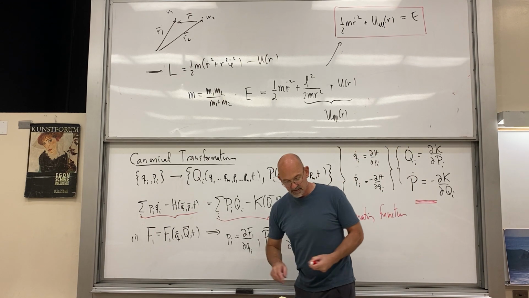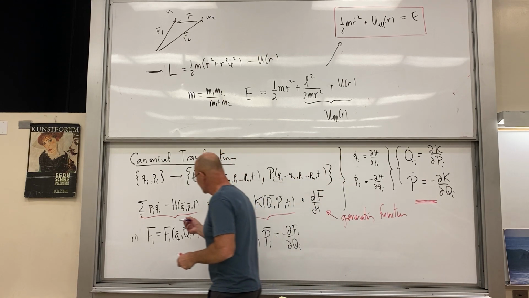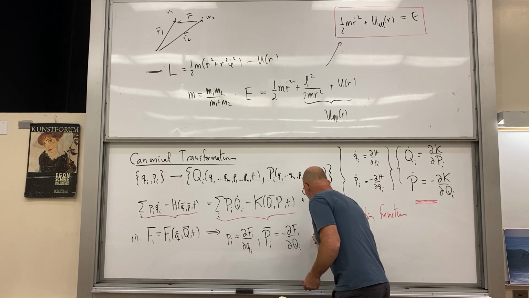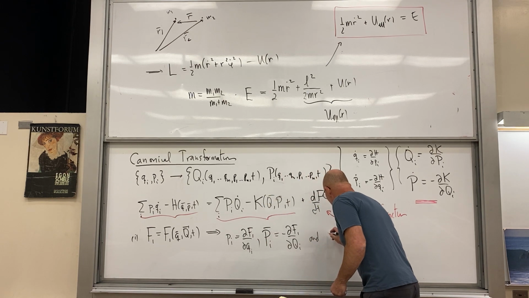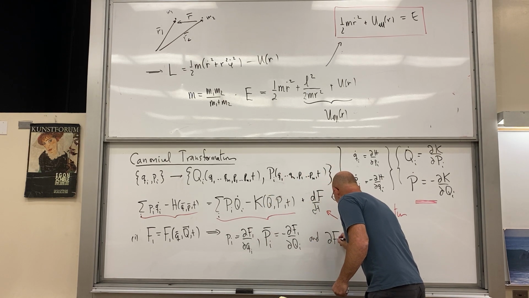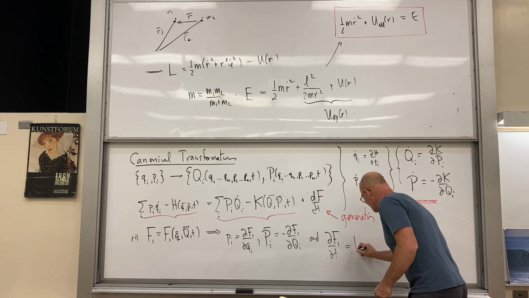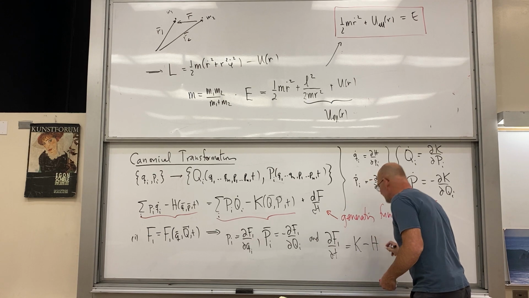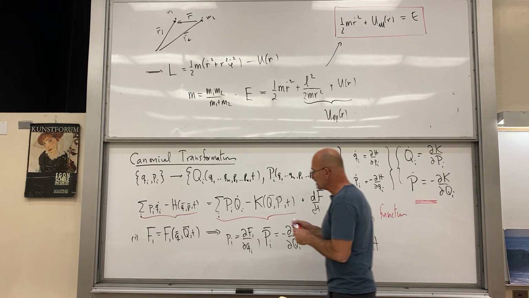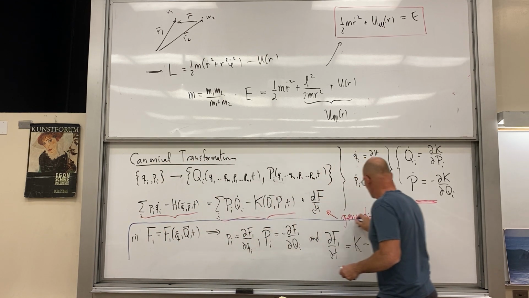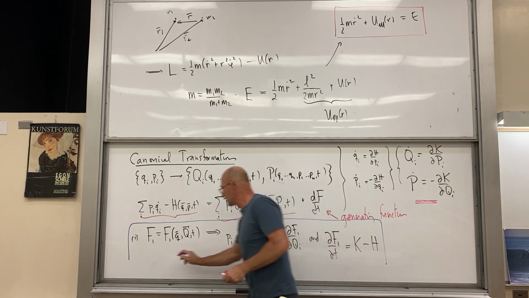Good, so this needs a box around it. And dF1/dt is equal to K minus H. So these are the relations that we had available to us.